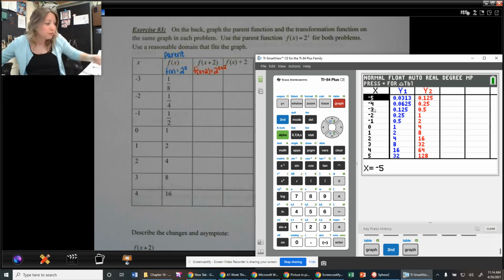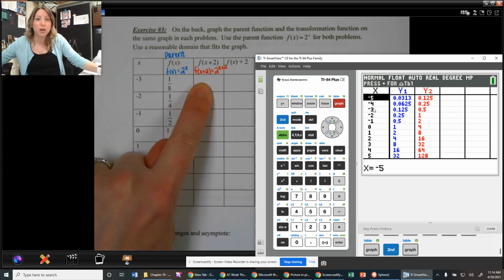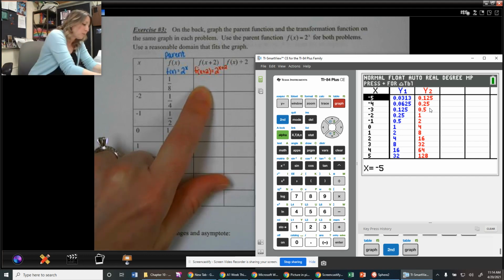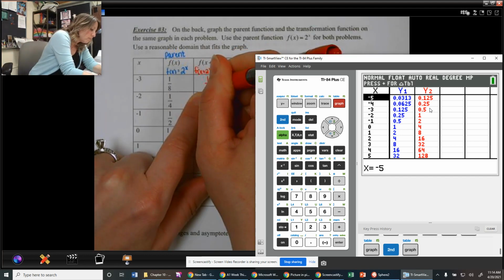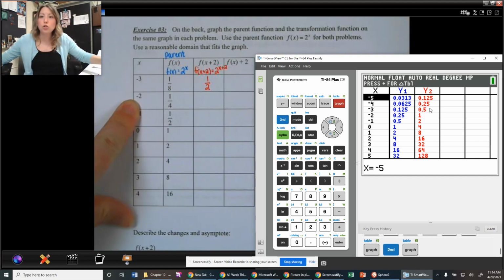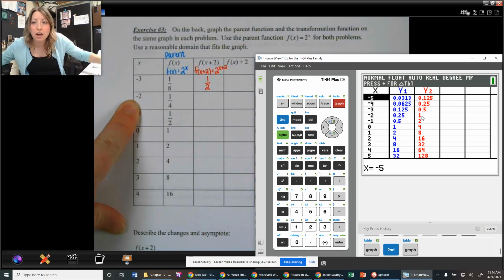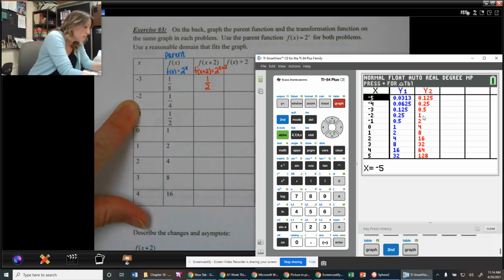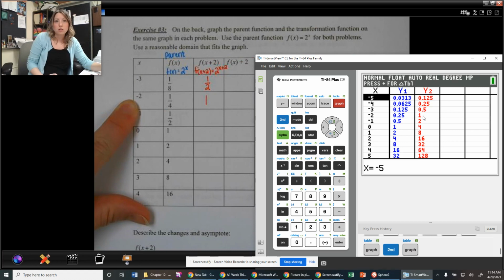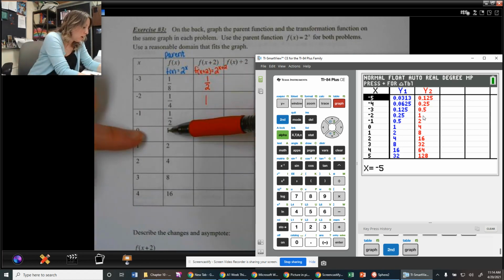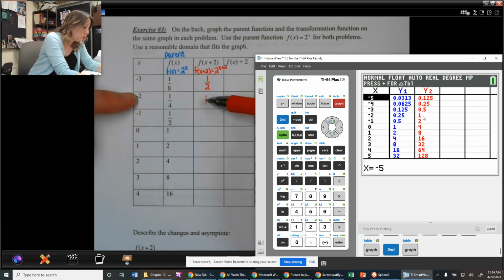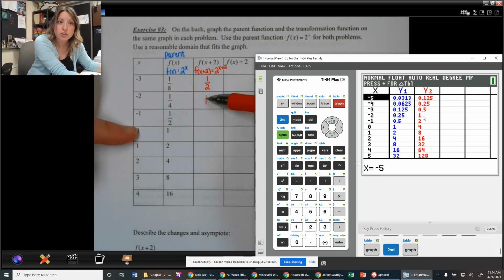At -3 as a matching x value for this, we have 0.5 or 1/2 here. At -2, that's where we have our +1 as our y value, right? And think about that. It went from (0, 1) to (-2, 1). We moved back 2.